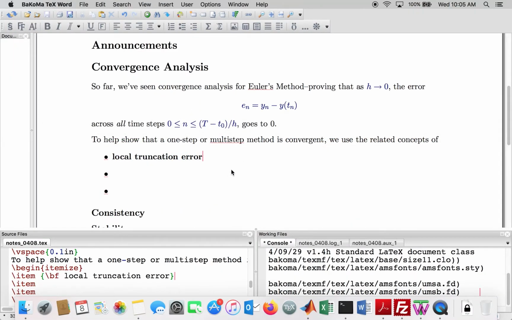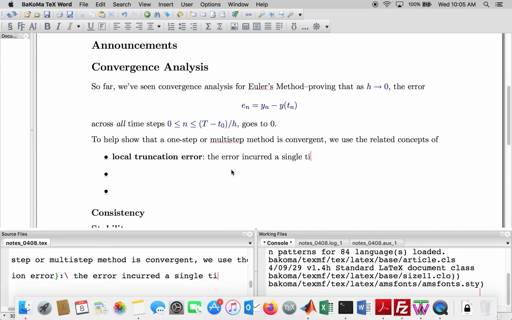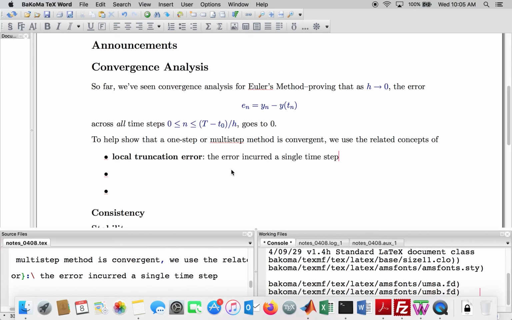So what is local truncation error? It's the error incurred during a single time step, whereas this error is the accumulation of error across all time steps from 0 up to n. But understanding how much error is committed during one step certainly helps with understanding this error.